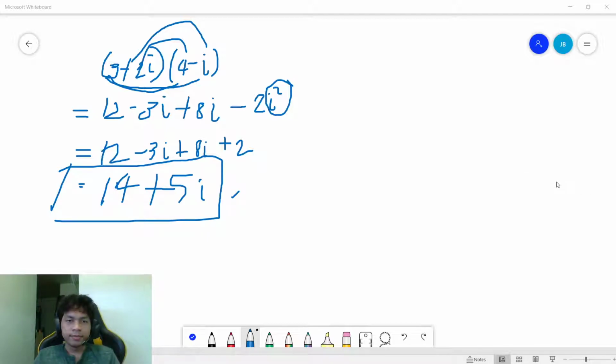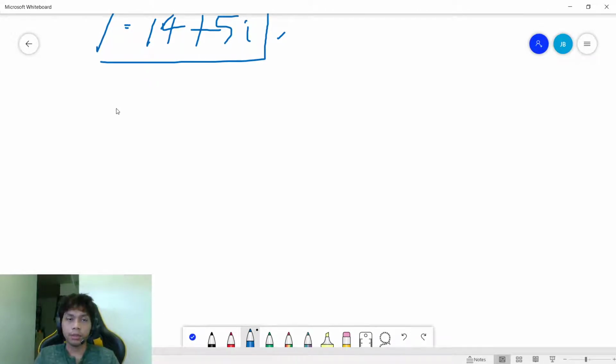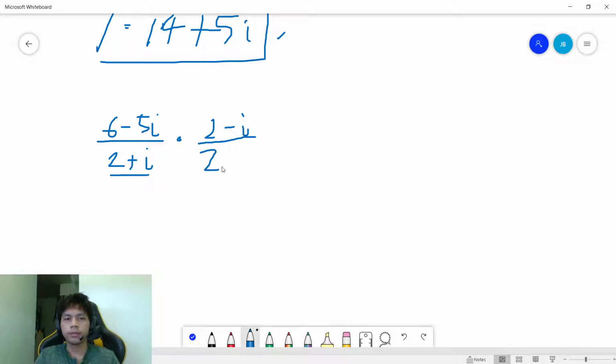All right. Lastly, for the division of complex numbers. For example, you have 6 minus 5i over 2 plus i. So again, get the complex conjugate of the denominator. So that's 2 minus i. Just change the sign, over 2 minus i. Okay?